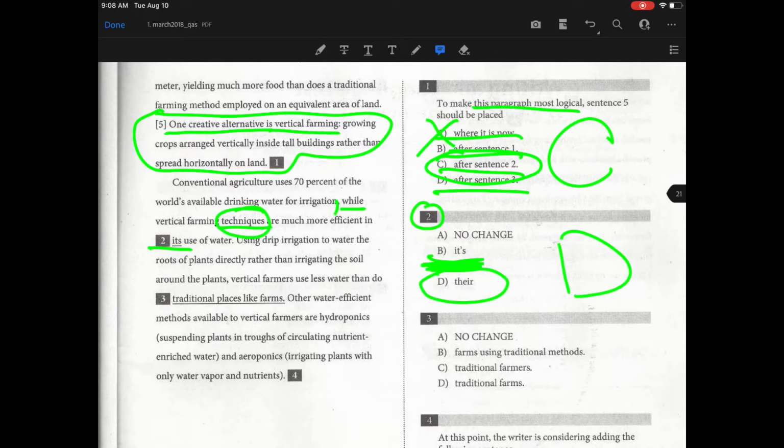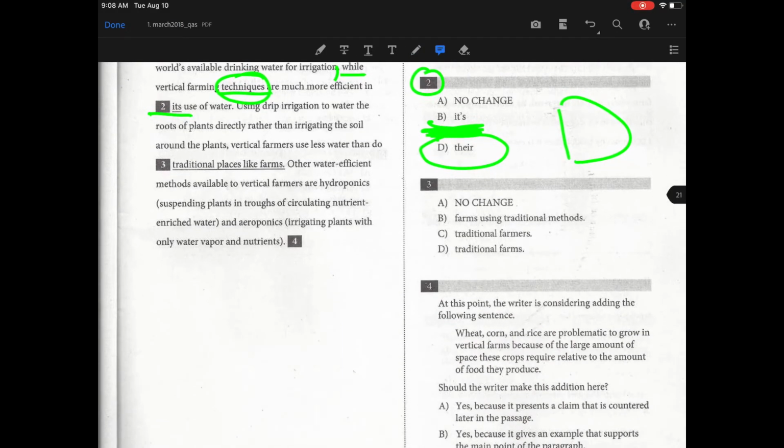Now we're going further. Number 3. So what do we have in there? Roots of plants directly rather than irrigating the soil around the plants. Vertical farmers use less water. So okay, then see this word then. This is a comparison here. So, vertical farmers use less water than do traditional places like farms.